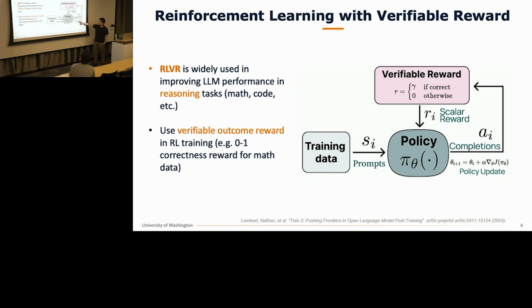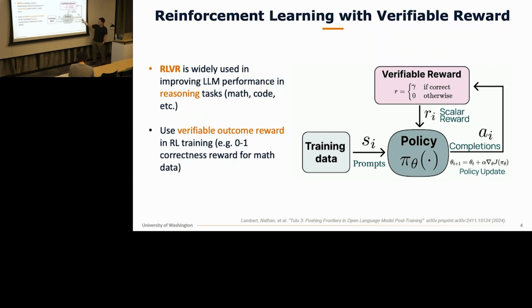The language model will output the answer, known as a_i here. Then we have a verifiable reward, which just checks whether the answer is correct or not. If the answer is correct, you get some positive non-zero reward, say gamma. If it's wrong, you get zero reward. In this way, you get feedback so that you can further tune your language model.